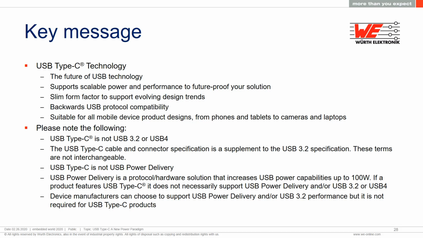USB power delivery is a 657-page protocol hardware specification offering up to 100 watts of power over USB Type-C cabling. Just because a product is USB Type-C does not necessarily mean it supports USB power delivery and/or USB 3.2 or USB 4. These are three individual specifications, and device manufacturers can support whichever combination they choose, including subsets within each of them.